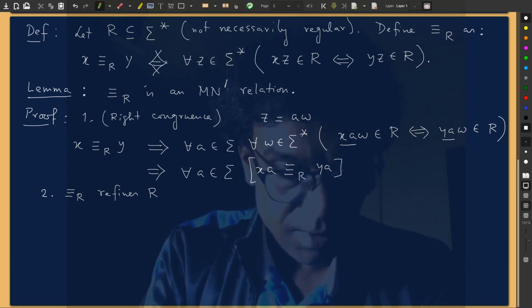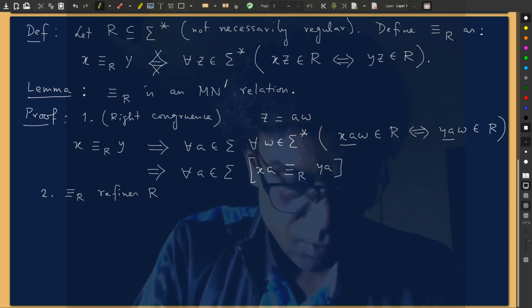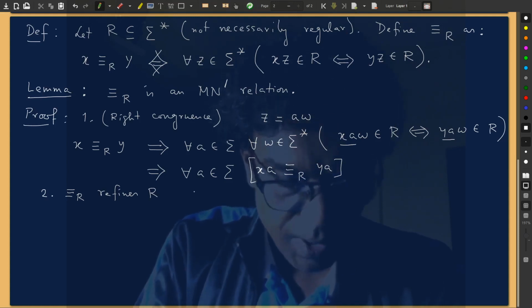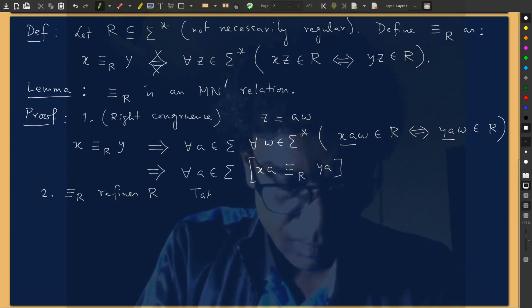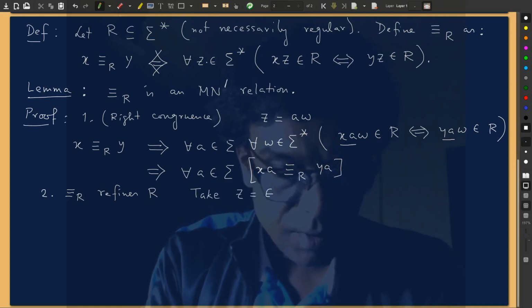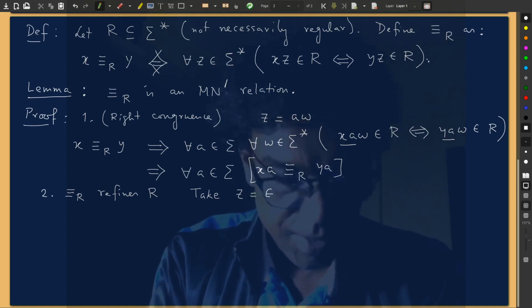But this follows: if these are equivalent, then this is true for all z. In particular, I can take z equal to epsilon, and it will show that x is in R if and only if y is in R.